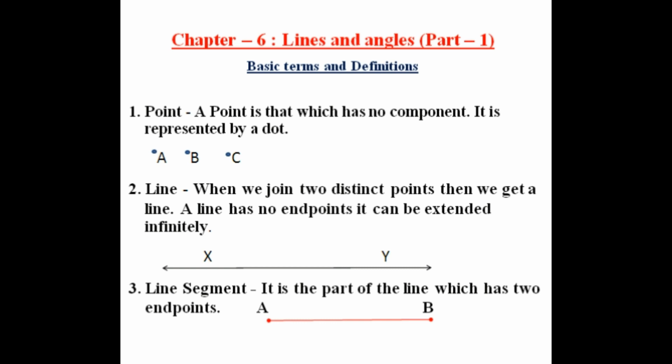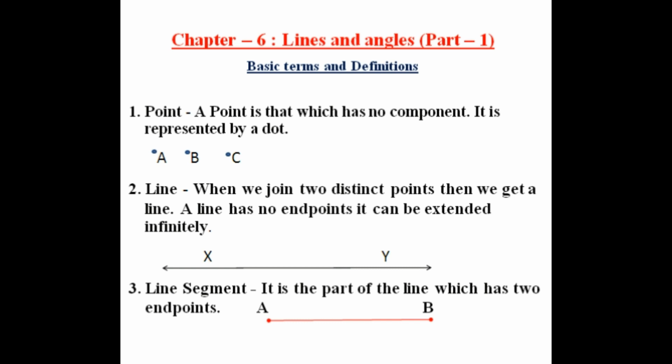Draw the line XY. Always we will denote it as XY or AB in capital letters. When you use two letters, both letters should be capital letters. XY is a line, AB is a line, PQ is a line.